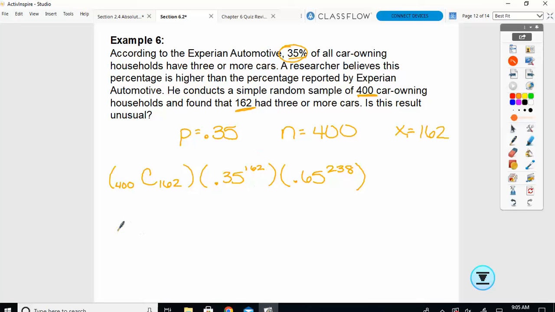But one thing we could try. What's n times p times 1 minus p here? So my n is 400 times my p is 0.35 times 1 minus p, 0.65. What do we get?